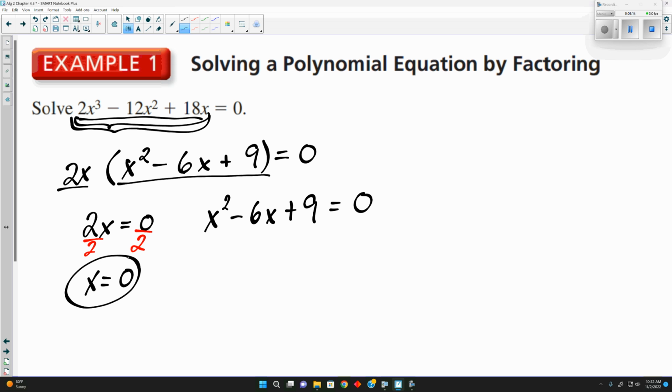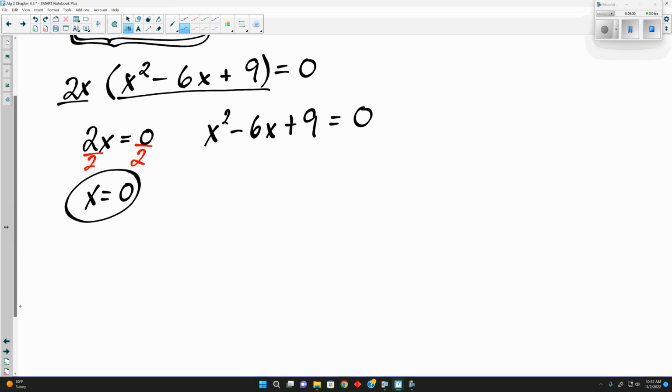We have x squared minus 6x plus 9. This is a quadratic. We've worked with these all last chapter, so we can solve this by factoring, graphing, completing the square, or quadratic formula. Now this one here we can factor. We can use our two sets of parentheses with three spaces.